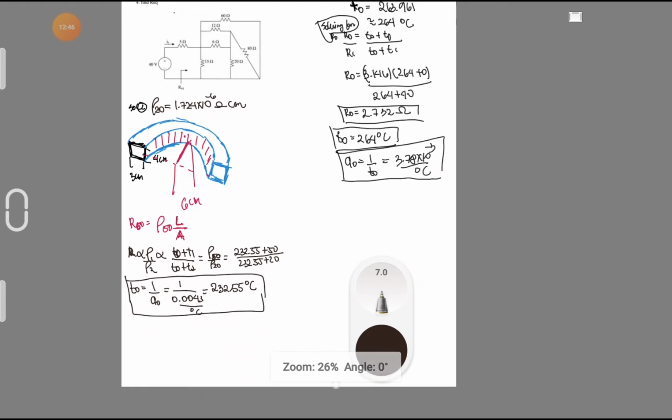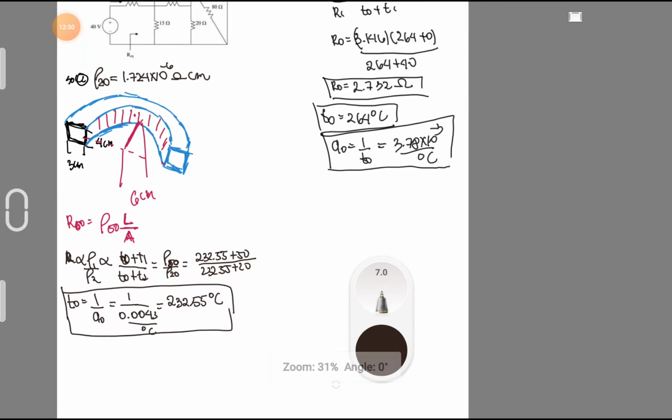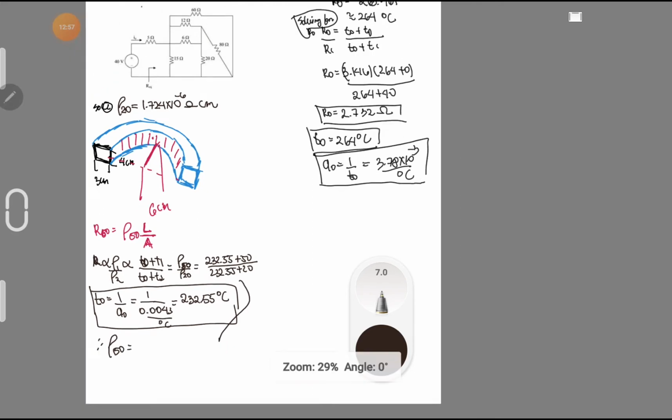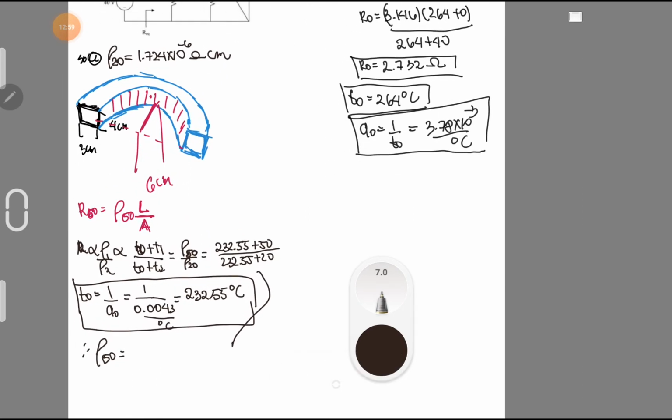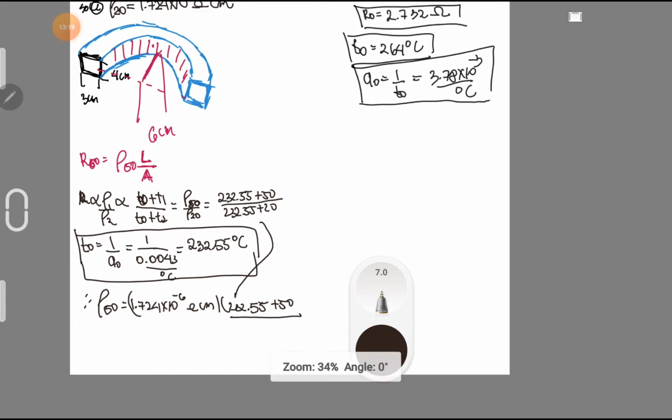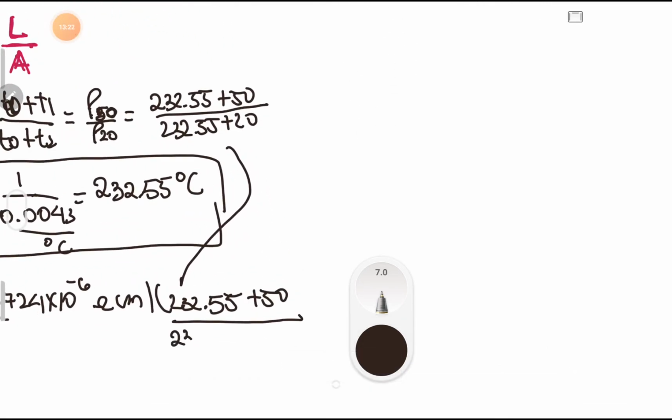So from that, I may say that my rho 50 therefore is equal to 1.724 times 10 raised to negative 6 ohm centimeter multiplied by 232.55 plus 50 divided by 232.55 plus 20. Ayan.